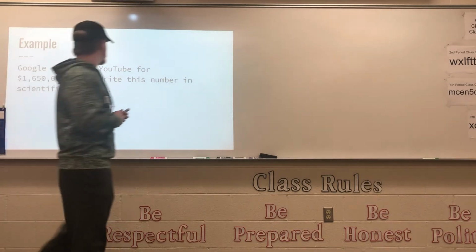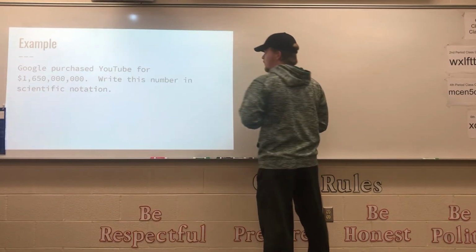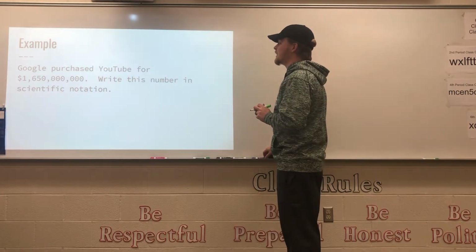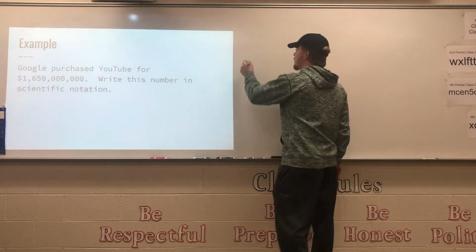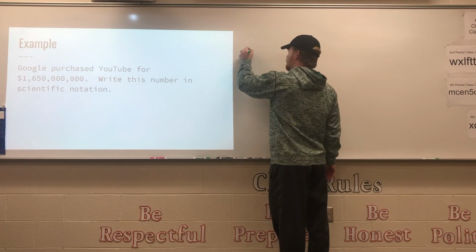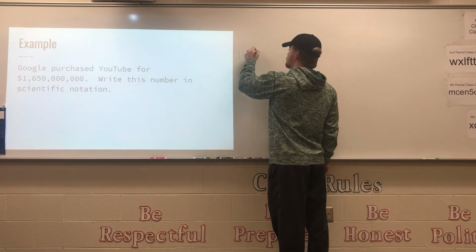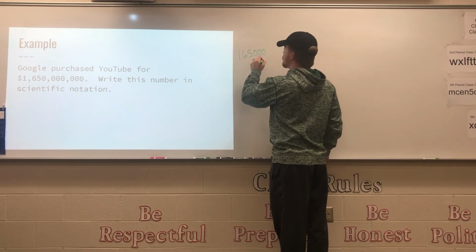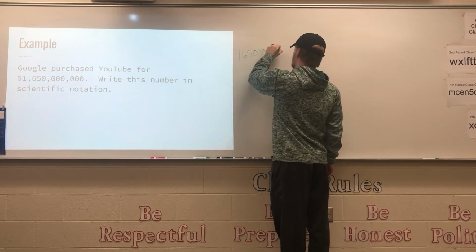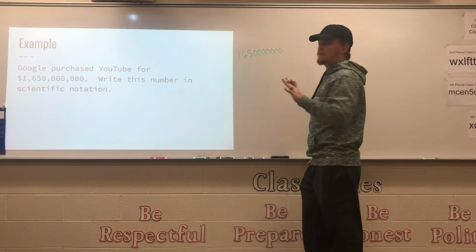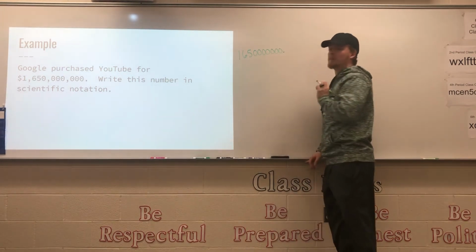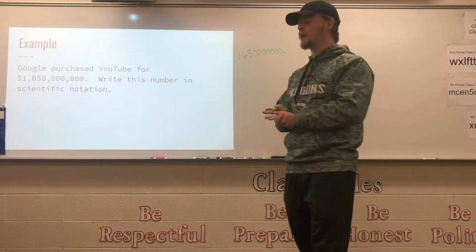This says Google purchased YouTube for $1,650 million. Write this number in scientific notation. So 165,000,000. And remember, if you have a number like this, your decimal point is at the end. Okay, so there's where my decimal point is. So think about what step 1 was.